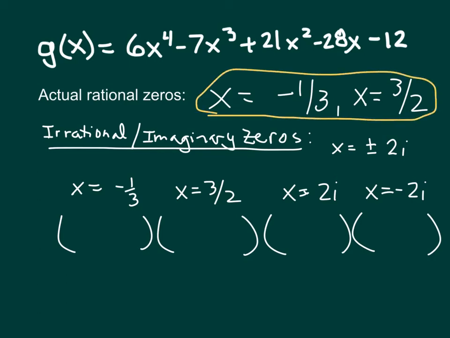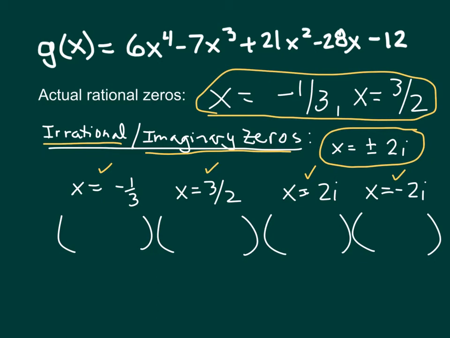Then we use synthetic division, quadratic formula, whatever, to finish up. And in this case, we found the two others were imaginary. They could have been irrational, like square root of 2 or something like that. You would not have gotten those out of the possible rational zeros P over Q list. So these are my 4 zeros. 2 of them real, 2 of them complex or imaginary.